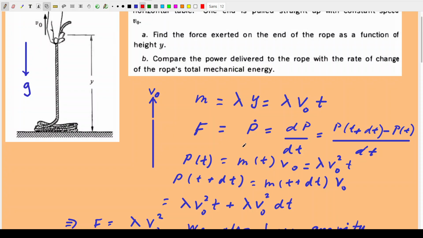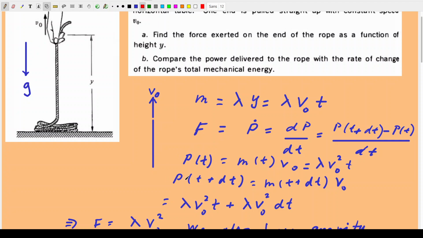Well, it's m times the velocity. The velocity of everything here is v naught. And the total mass m of t is given by this formula here, lambda v naught t, times v naught, so lambda v naught squared t. That's the momentum at time t.